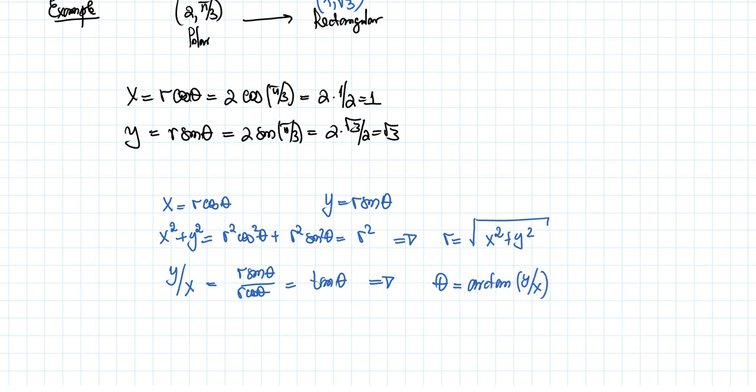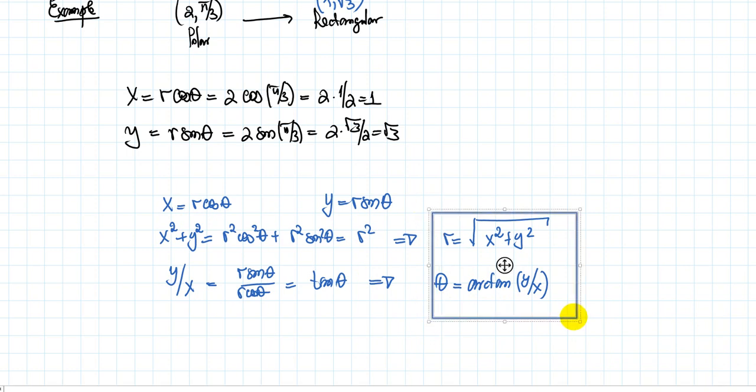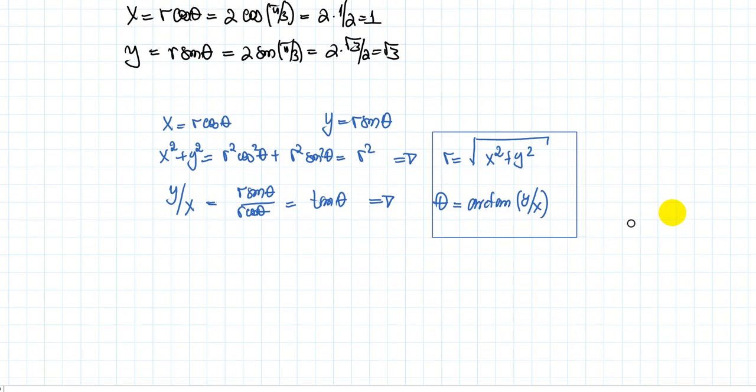Okay? So this is how we're going to find the polar coordinates of the same point if you're given the rectangular coordinates. So let's do an example. Let's say we're given a point with the coordinates 1 and minus 1. These are the rectangular coordinates.